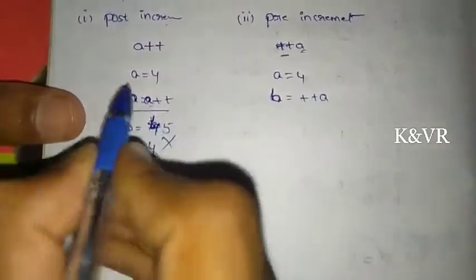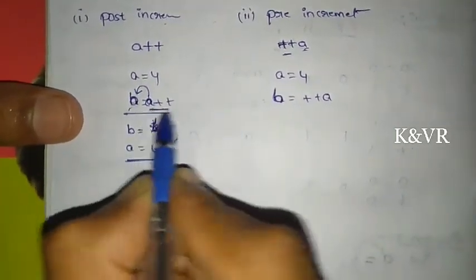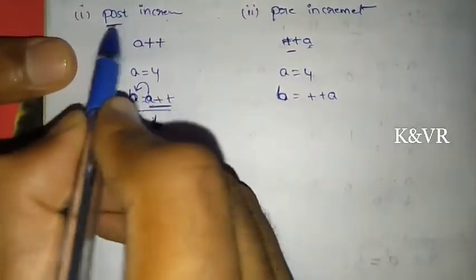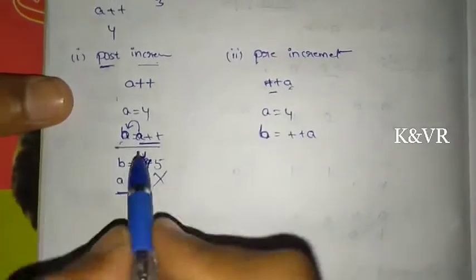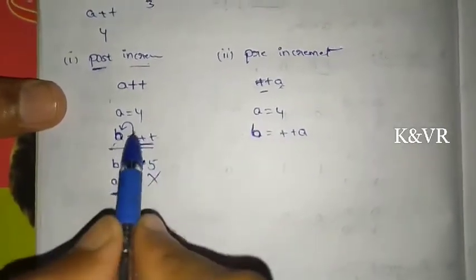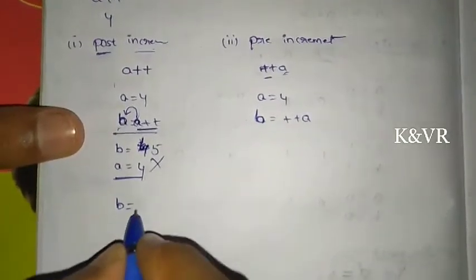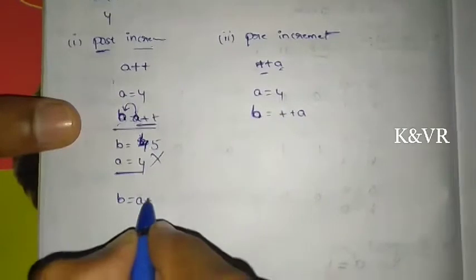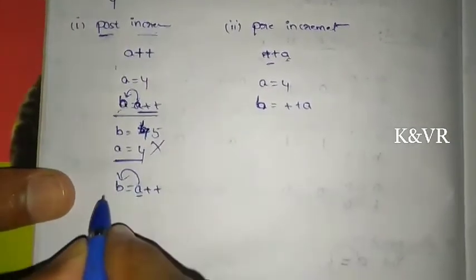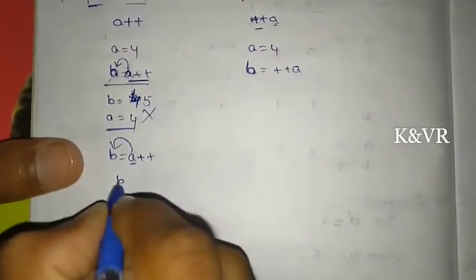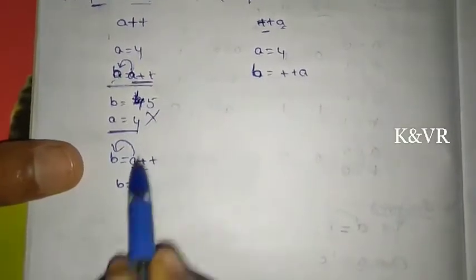Here what happens is, first the value of a will be assigned to b and later the increment occurs. The statement itself says post increment, meaning incrementing later. After assigning we are incrementing. Here b equal to a plus plus: first value of a will be assigned to b, and the value of b is 4, because before incrementing the value of a is 4.